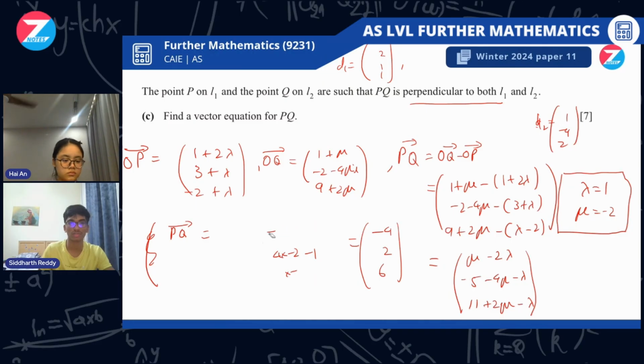We can also reduce the common factor by dividing all components by 2, and we get minus 2, 1, 3.